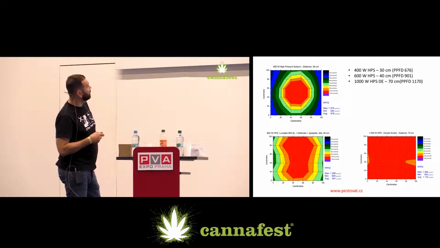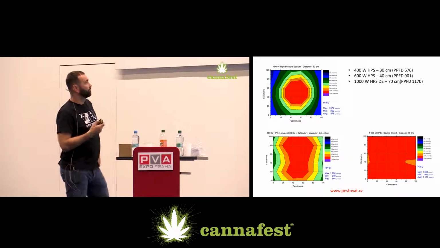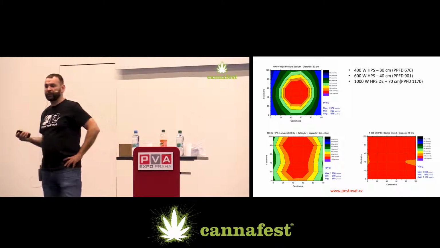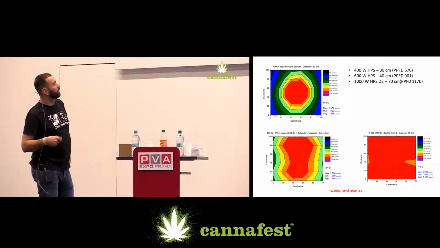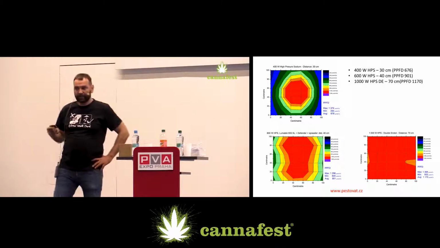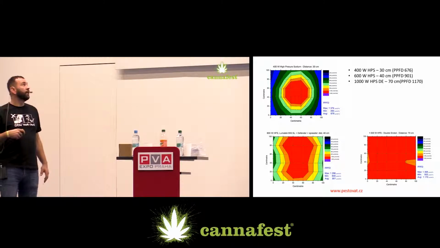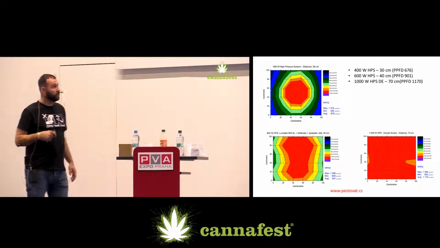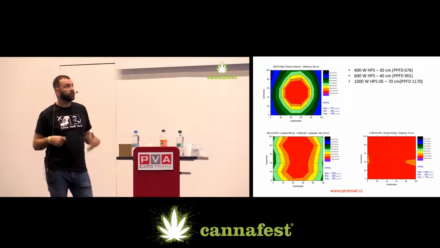What I have here is a comparison of the 400 watt, 600 watt, and 1000 watt sodium discharge lamp, the last being a double-ended lamp. And we still speak about 1 meter by 1 meter, but you can see the difference. In terms of effectiveness per square meter, you can see that the 600 watt lamp is the ideal one.